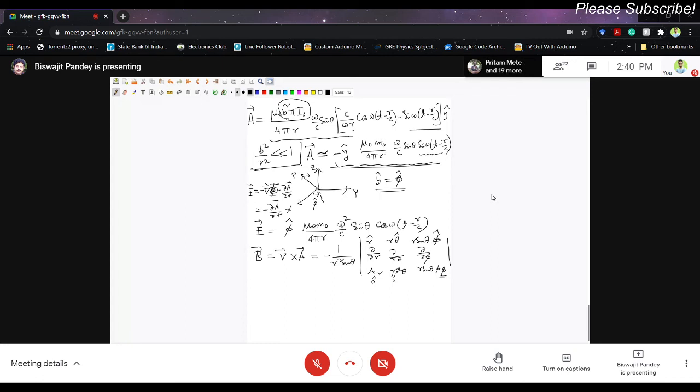Mu0 m0 by 4 pi r, these will go outside, these can be put outside. Yes, and because then we only have r theta cap. Del del r of this will come, this became 0. And the last term will not remain, r will remain. Minus, del del theta of this r cap into del del theta of this, plus r theta cap into del del r of this, right?